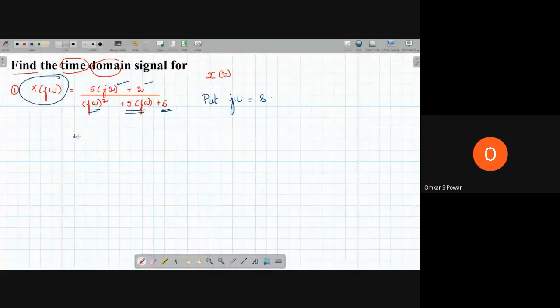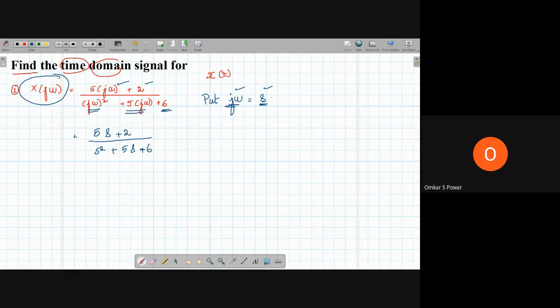So what will we get here? 5s plus 2 divided by s square plus 5s plus 6. In textbooks, they give j omega equal to t. Any variable you can take. Since t is a little bit confusing for you, I have taken s here. So 5s plus 2 divided by s square plus 5s plus 6.